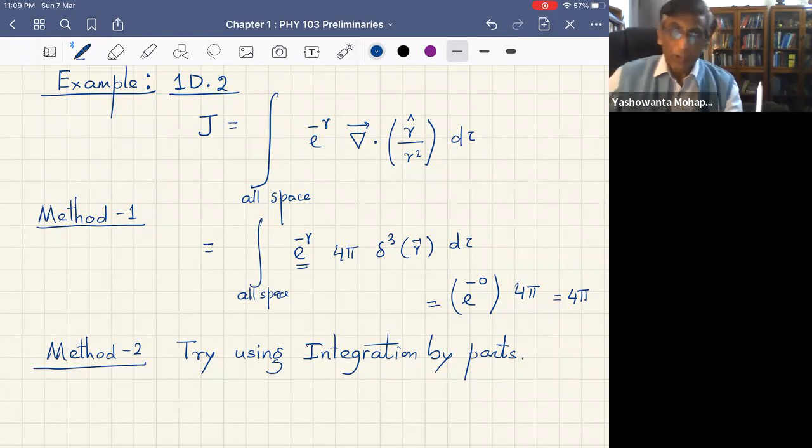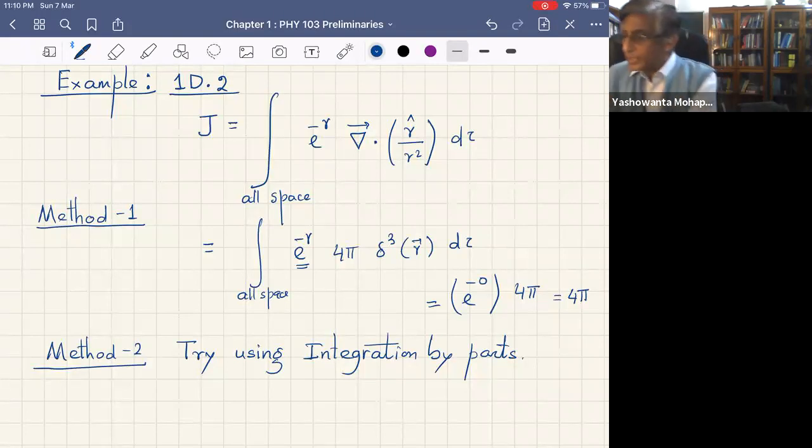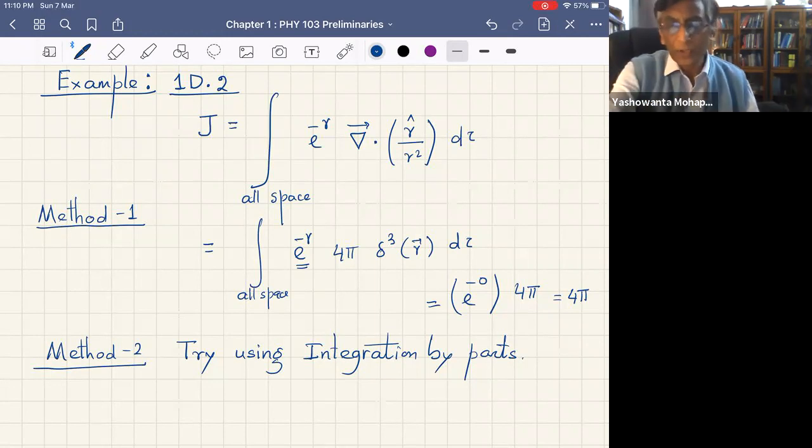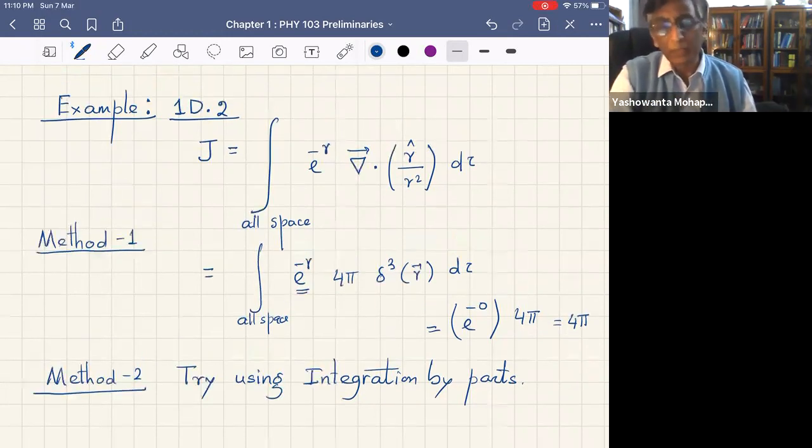I think what I would like to say is that with this, I come to the end of the mathematical preliminaries. These are brief preliminaries, and we are now all set to dive deeper into electromagnetics.